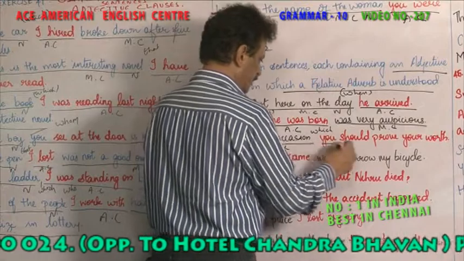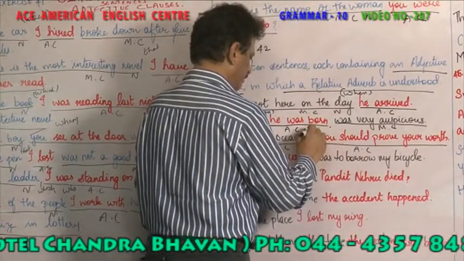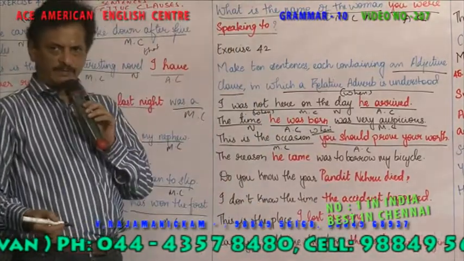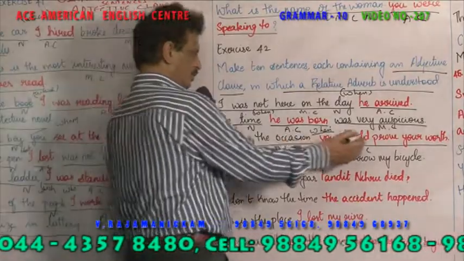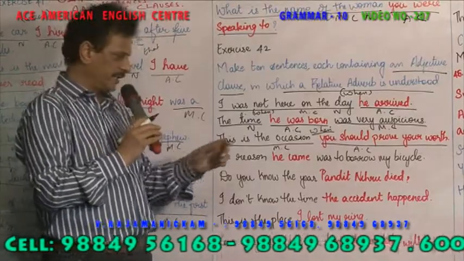You should prove your worth is an adjective clause. You can use when. This is the occasion when you should prove your worth. The when is understood. It is a description of the noun occasion.